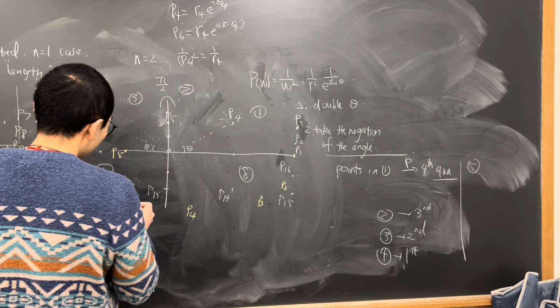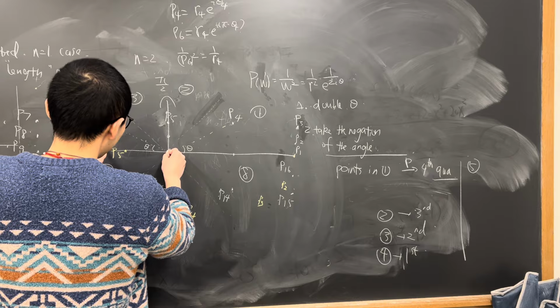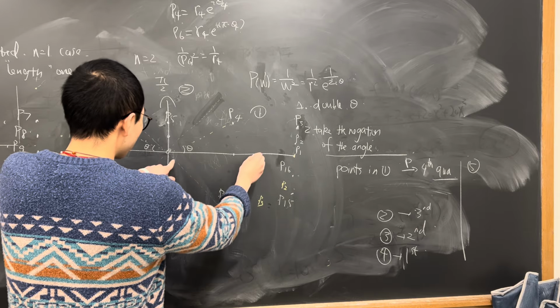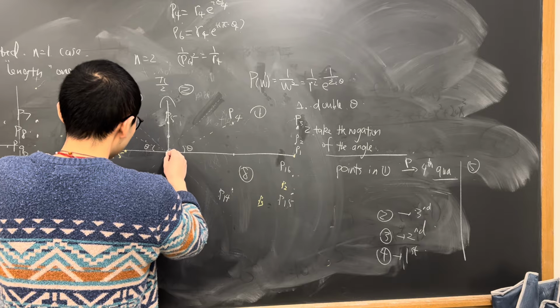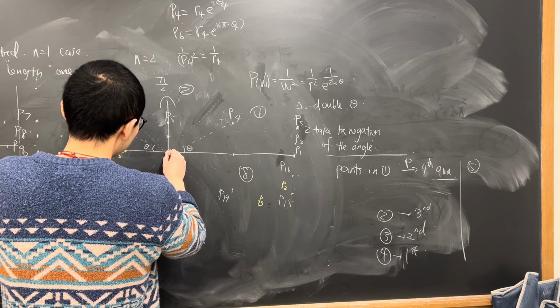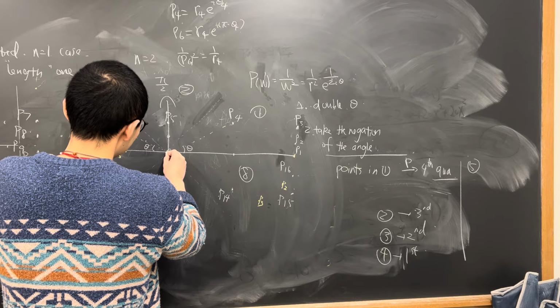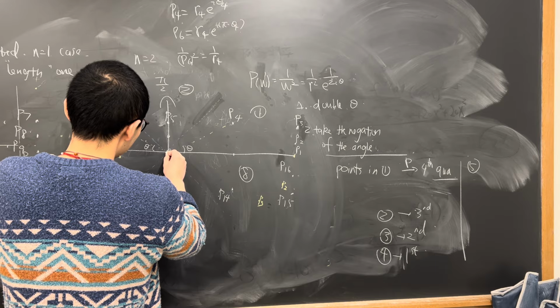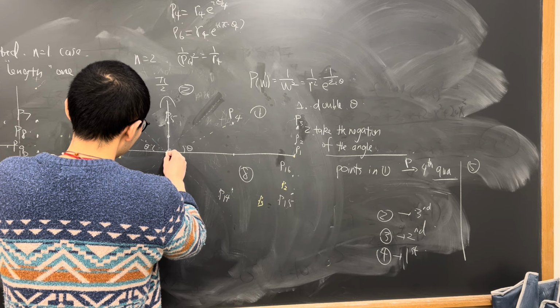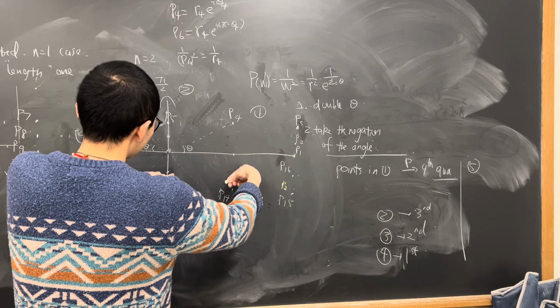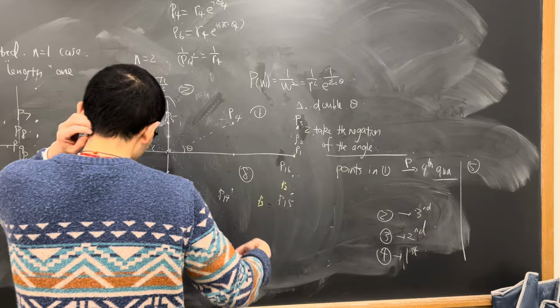This bound, after taking doubling, becomes here, and this one after doubling becomes here, and then you take the inverse, and it lies in the fourth quadrant.